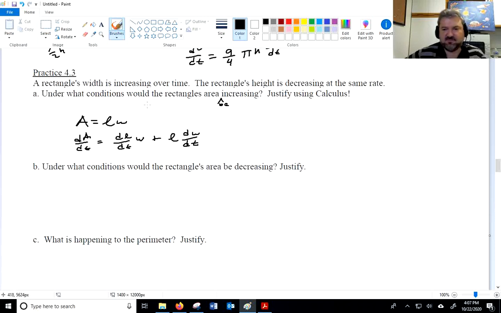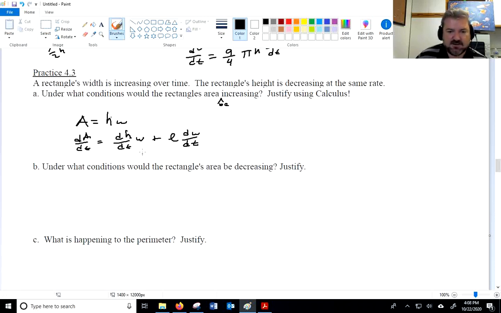Oh, I used length and width. Oops. Width and height. So I guess my length is my height. Sorry about that. Okay, I should use those letters. So this variable here is dh/dt. I think I'm back on track now with the right letters.